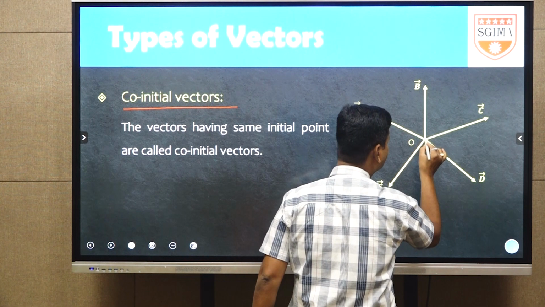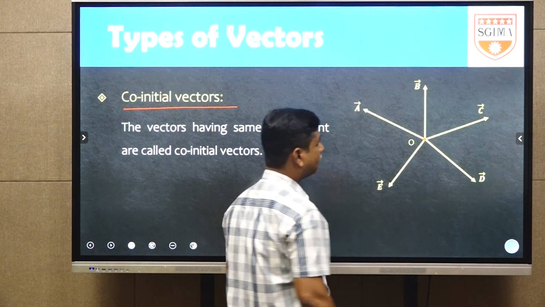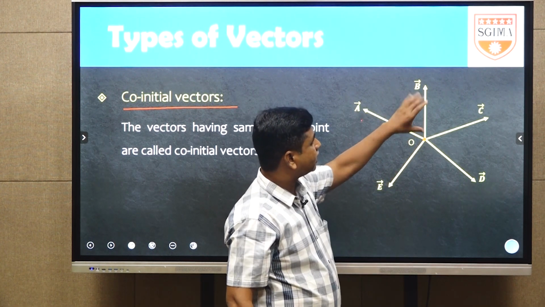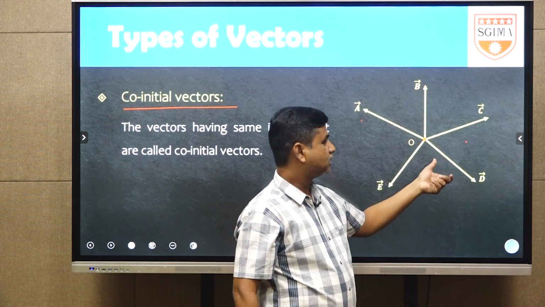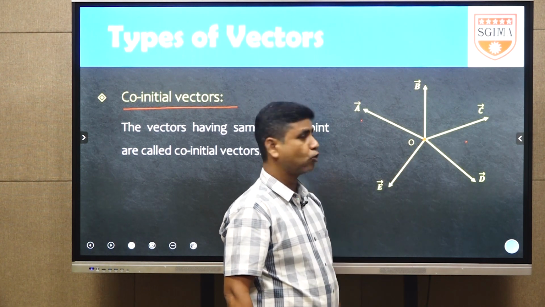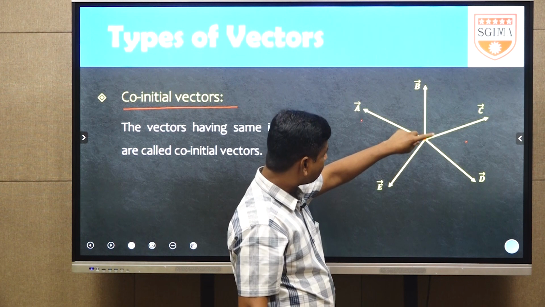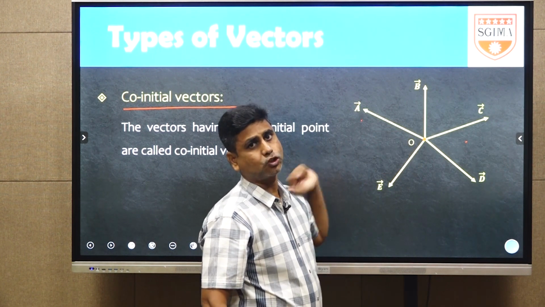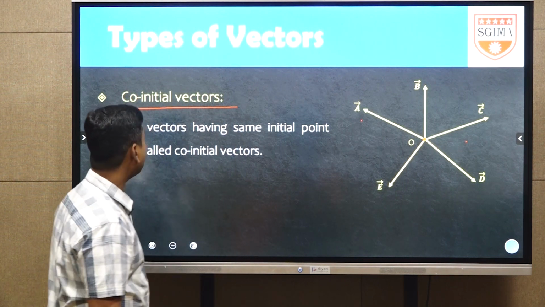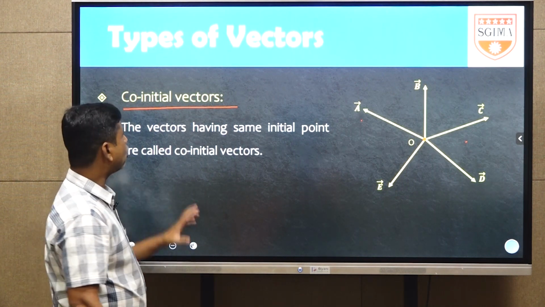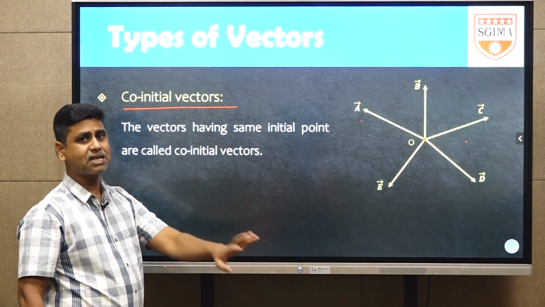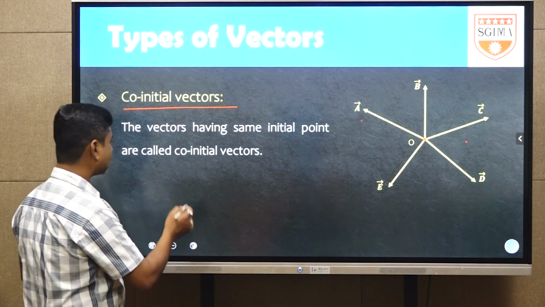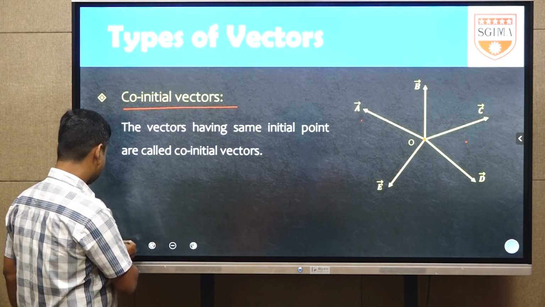These all start from O. This vector is OA, this is OB, this is OC, this is OD, this is OE. But the initial point of all these vectors is the same. That is why these vectors are called co-initial vectors. Co-initial means a common initial point.